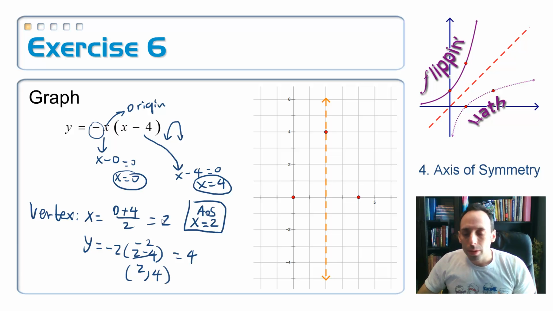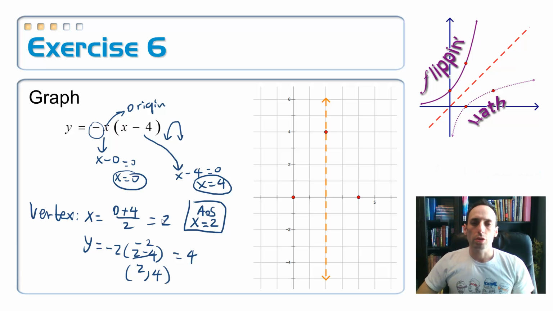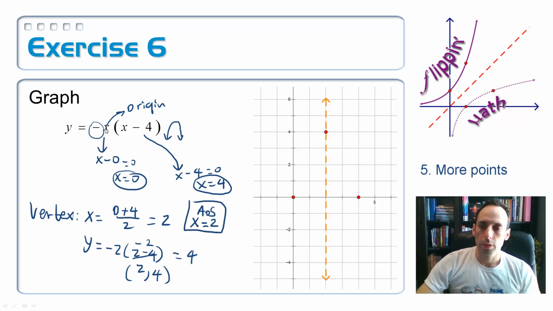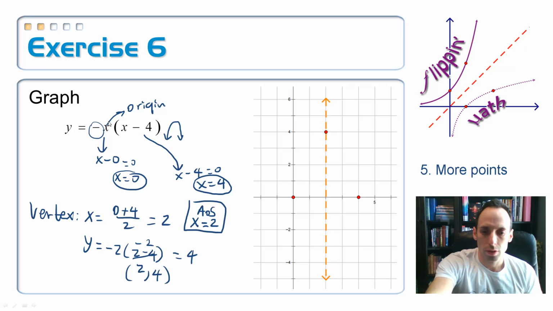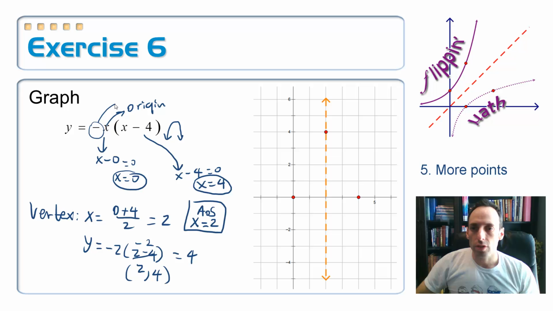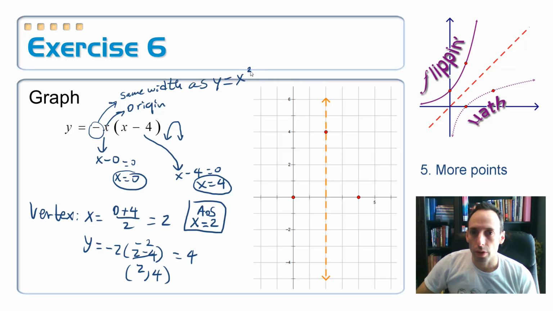Now, 3 points, maybe I want a couple of extra points. What I will point out to you is, since your a value here is actually a negative 1, you're not getting any fatter or skinnier from the parent function. So this is the same width as y equals x squared, the parent function, which means you could redraw the parent function right where you're at.